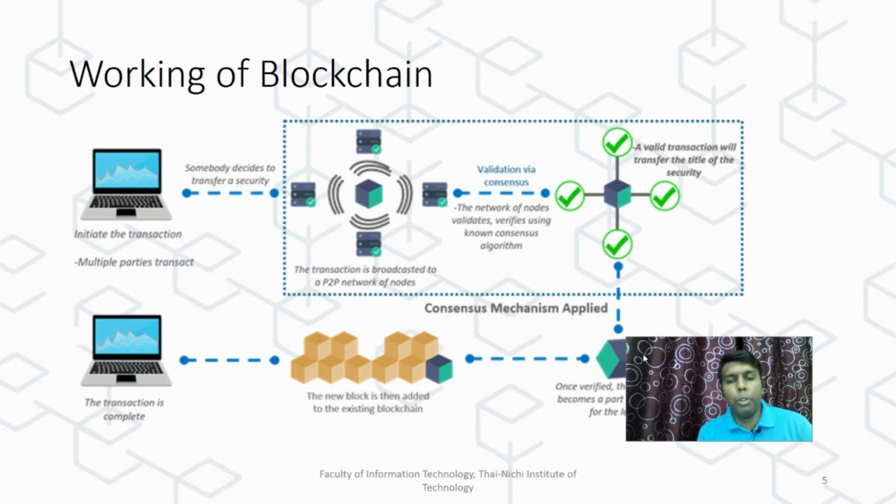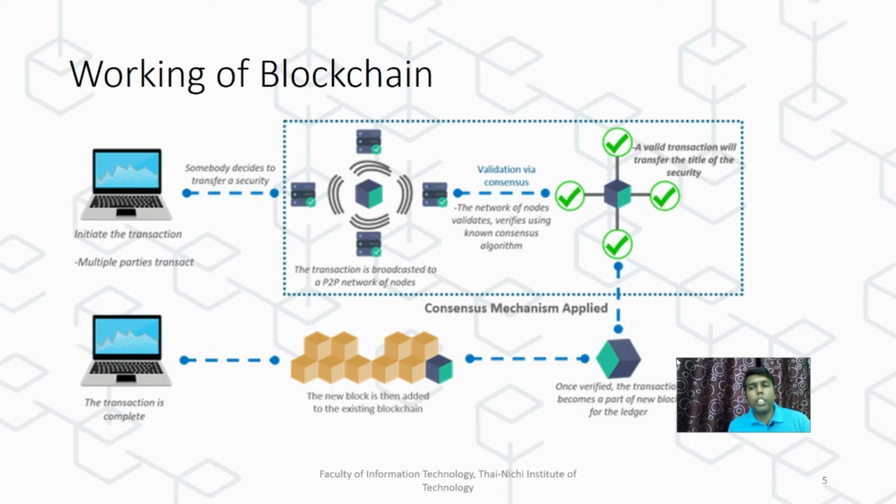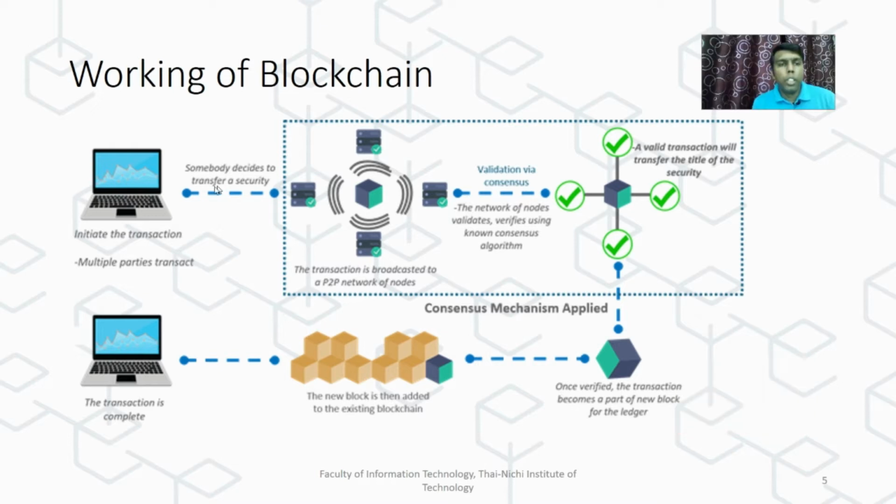This is how blockchain works. Here we have a computer which is performing a transaction, that is, it is initiating the transaction. So that transaction is sent to various nodes across the network.